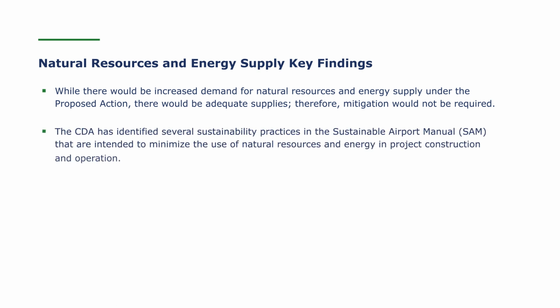In addition, the City of Chicago Department of Aviation Sustainable Airport Manual, or SAM, identifies several sustainability practices that could be implemented to minimize the use of natural resources and energy during construction and operation of the proposed action alternative.